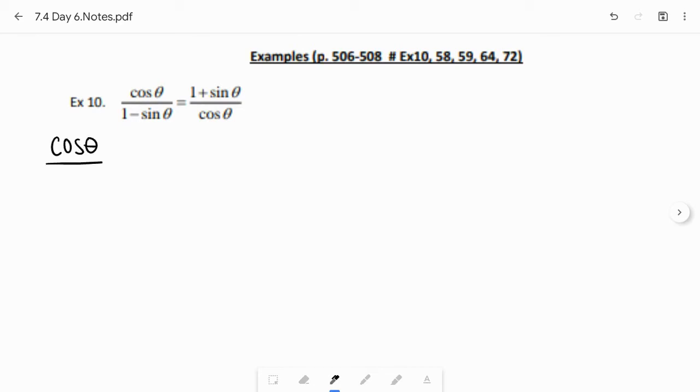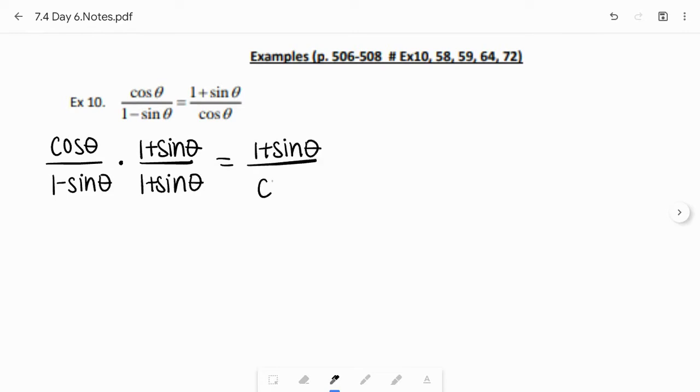So cosine theta over 1 minus sine theta times 1 plus sine theta over 1 plus sine theta is equal to 1 plus sine theta over cosine theta. Okay, now when I multiply this out, I want to end up having 1 plus sine theta in the numerator, which we do have right here.